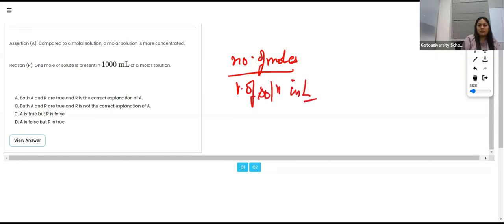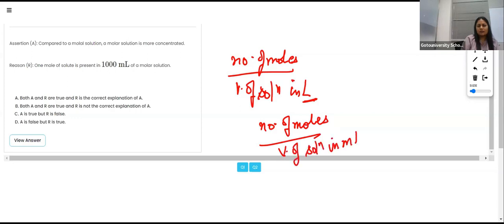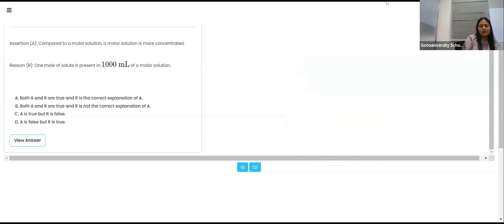But if it is in milliliters, the formula will become number of moles per volume of solution in milliliters multiplied by 1000. So both assertion and reason are true, and the reason is the correct explanation for A. Right? So this is how you're going to solve the assertion reasoning questions.